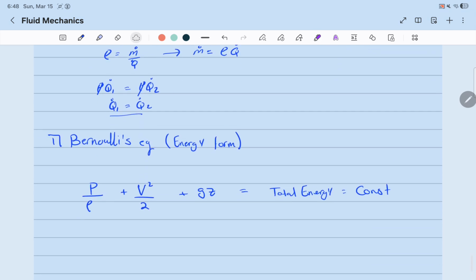So this is the first form of Bernoulli's equation, the energy form. The first term is the flow of energy. The second term is the kinetic energy.